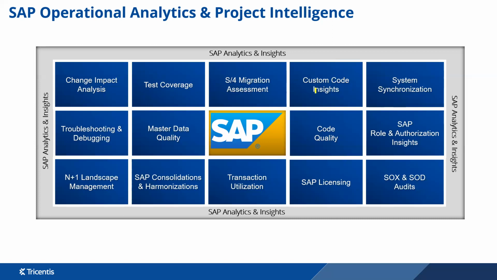SAP will be the first ones to tell you that the most expensive part of your SAP implementation is your custom code. So just having a really good handle and understanding of how much custom code you have and which application areas are customized the most, which users are utilizing your custom code. What does your custom code trending look like?